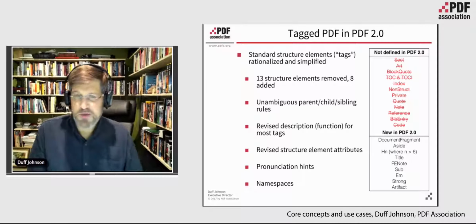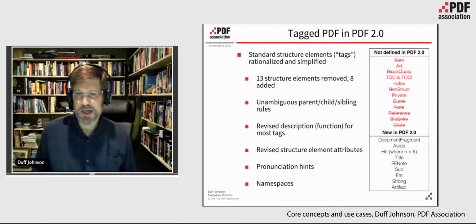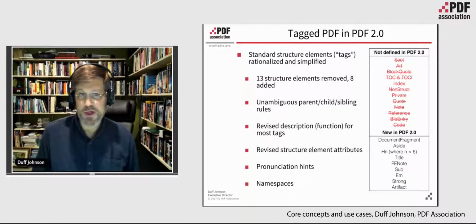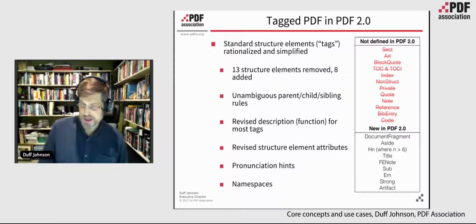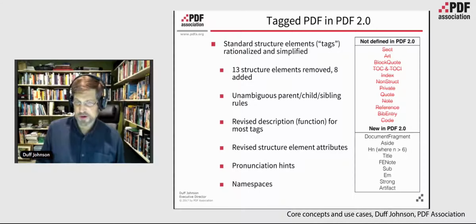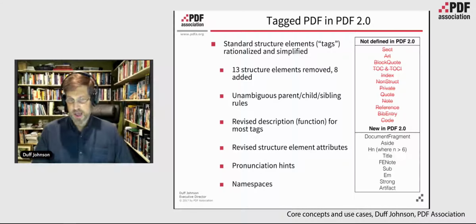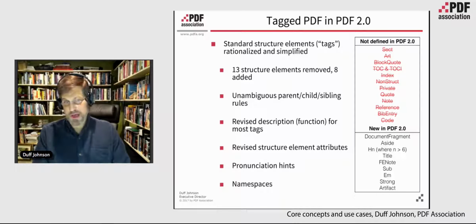So in PDF 2.0, as I've mentioned, tagged PDF gets something of a major overhaul. The set of structure elements is rationalized and simplified. There are 13 elements that are removed from the standard structure tag set in PDF 1.7, and then another 8 elements are added.